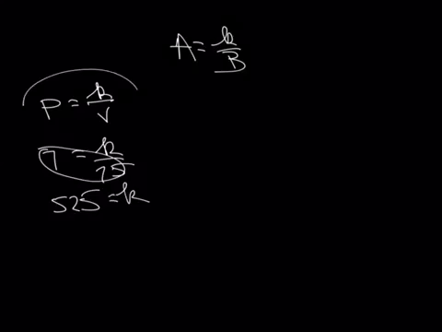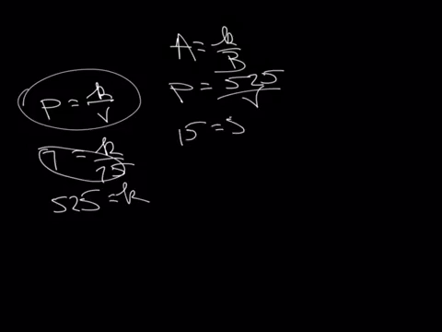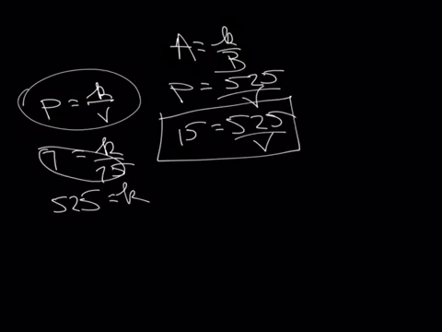So now we're going to rewrite this as P equals 525 over V. And then we're going to look at the last number it gives us. What would be the volume if the pressure is increased to 15? So the pressure is 15. Okay? So there's our formula in order to find the answer.